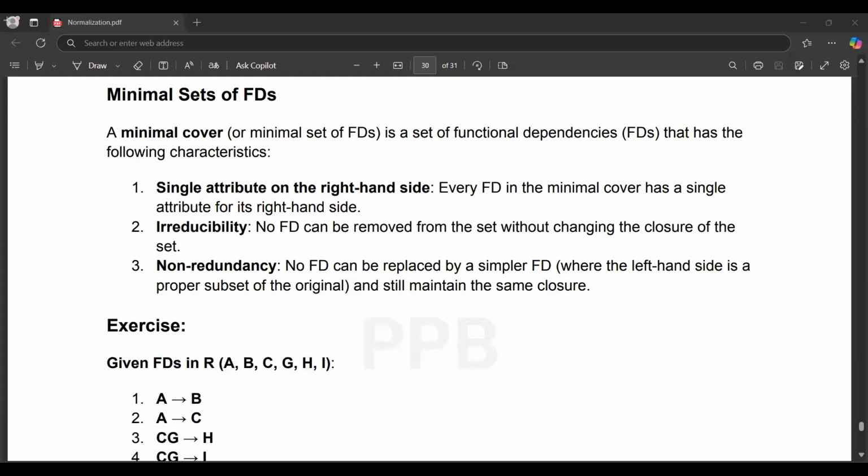Minimal set of FDs. Whenever we are speaking about minimal set of FDs, or we can say minimal cover of FDs, if you have a set of functional dependencies F, the minimal set of F is simply denoted by the notation F dash.